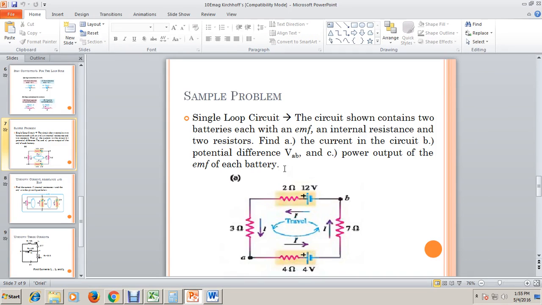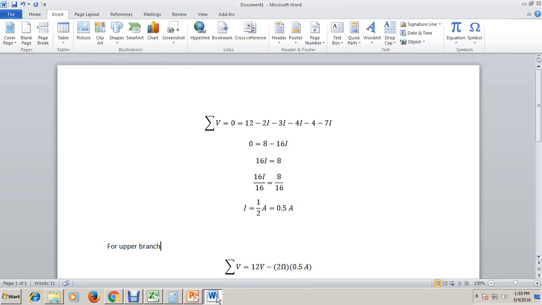Okay, next, we have the 3 ohm resistor. Considering the voltage drop for the 3 ohm resistor, we have 3 times I, so that is 3 times 0.5.